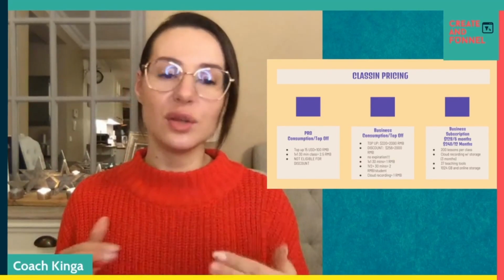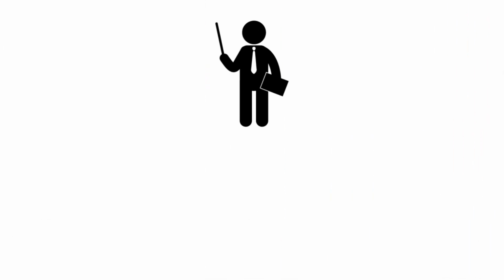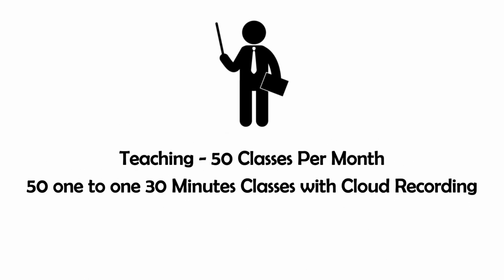So let's do the math on this, shall we? Let's say we have a teacher teaching 50 classes per month, 50 1-to-1 30-minute classes with cloud recording, because parents are really big on that, and most of us are recording our classes, and maybe you want your parent to access that cloud recording themselves so you don't have to send it out after class.